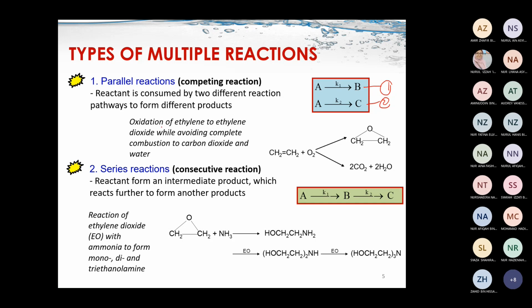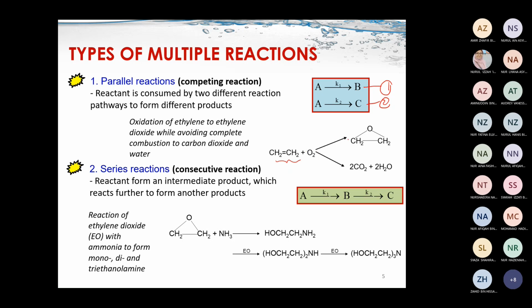For example, we have the oxidation of ethylene. Alright, this is ethylene, to ethylene oxide. So this is ethylene oxide. It attaches an oxygen atom here while avoiding complete combustion to carbon dioxide and water.